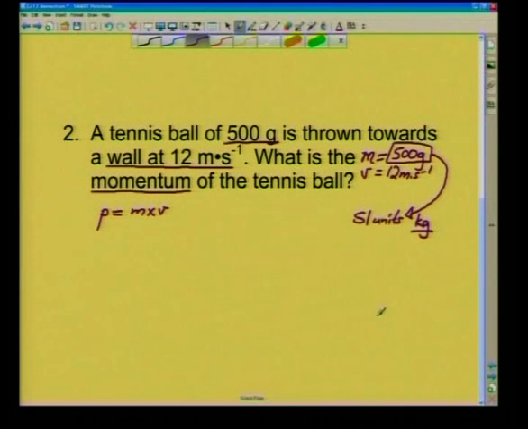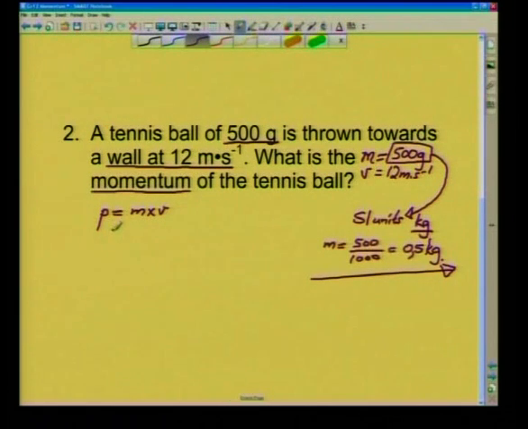We multiply that by 10 to the power minus 3, or you divide that by 1,000. So this will be equal to 500 grams divided by 1,000, so that we can have this in kilograms. So this gives us 0.5 kilograms. So the mass of the tennis ball is half a kilogram.